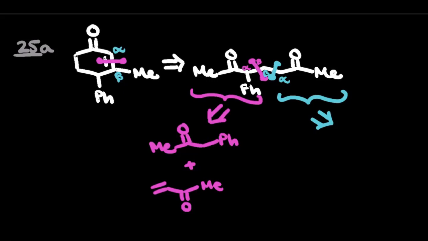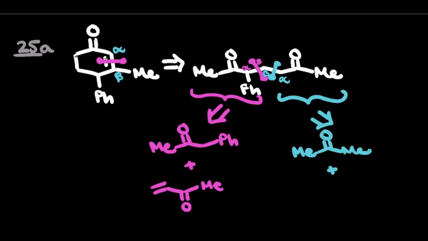So I have this, and for the other one, my starting enolate would have been this guy, or that would have been the starting material that I would have used to form my enolate.